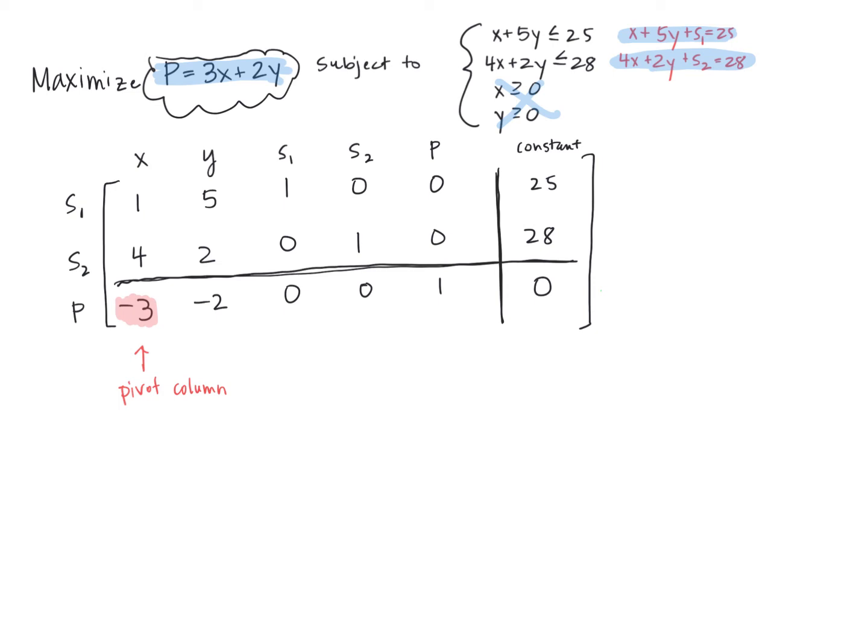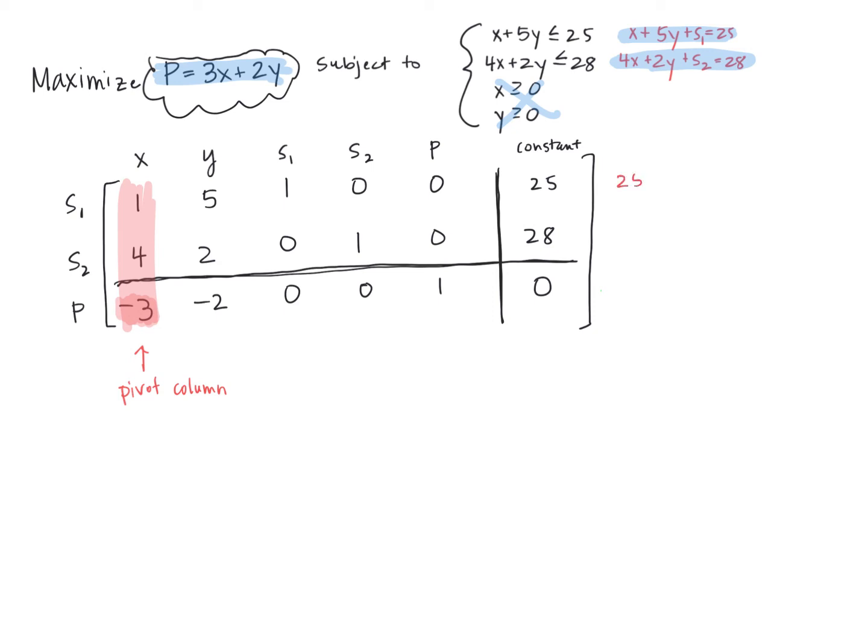Now that you have your pivot column, you're going to find your pivot row. Your pivot row is found by using the test ratios from each row. The test ratios are made up from dividing your constant by your pivot column.